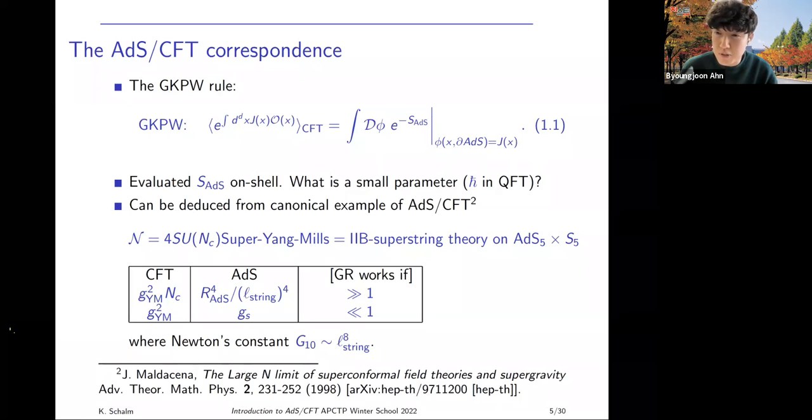Actually, I did research about that case. I added some boundary action, related to a Legendre transformation.